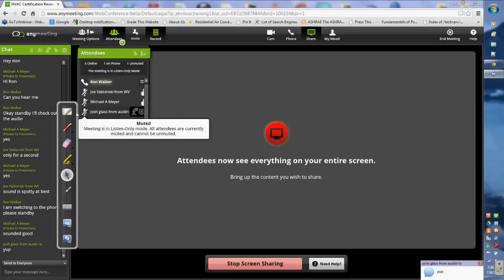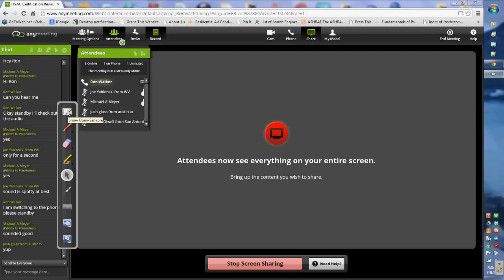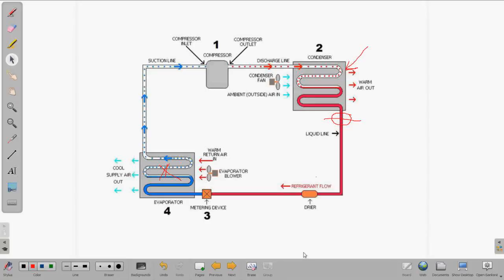Okay, so that covers about 90% of what you're going to run into with a fixed metering device. It's going to either be undercharged, overcharged, or a dirty coil if there's a refrigeration issue. The other thing we'll want to touch on quickly is a restricted liquid line dryer or kink in the line, which happens quite often in the liquid line.